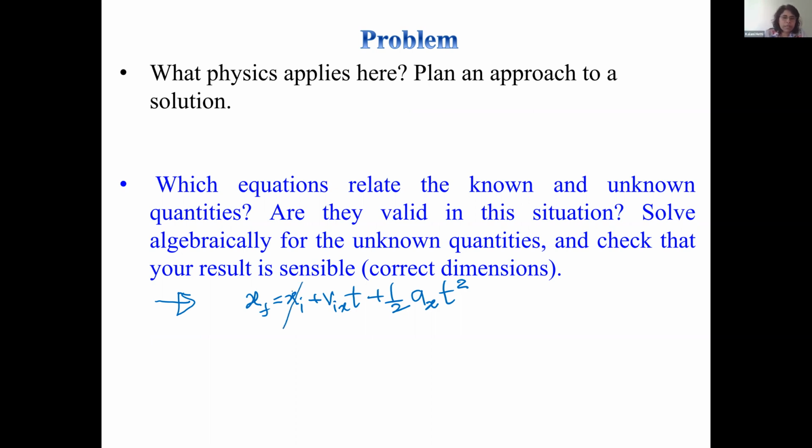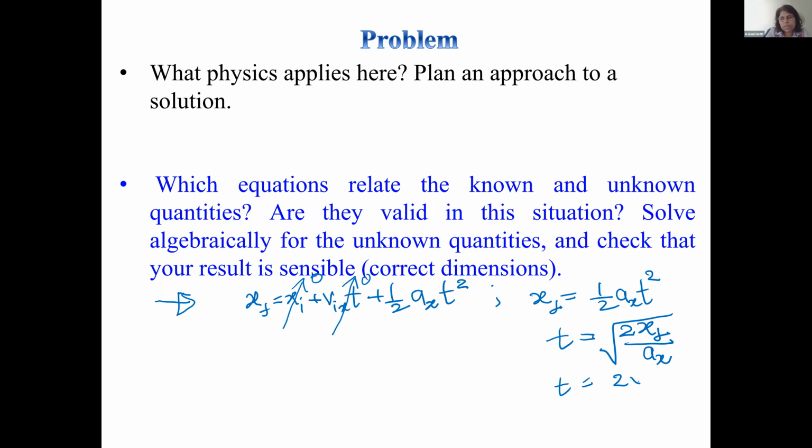What I know is x initial was 0, v initial was 0, so I put 0 for them and rewrite the equation: x final equals half acceleration x times time squared. I need to calculate the time, so solve it for the time first. That will be the square root of twice x final divided by acceleration x. Then this is where you plug in the values: 2 times x final, which as I remember is 30 meters, divided by the acceleration, and take the root of that. You're going to get the time in seconds.